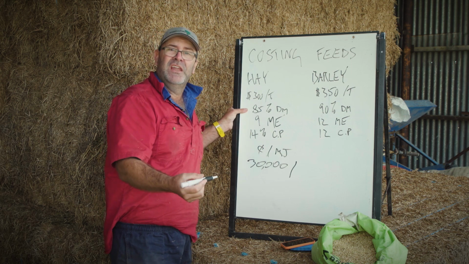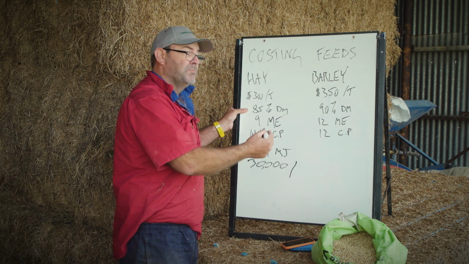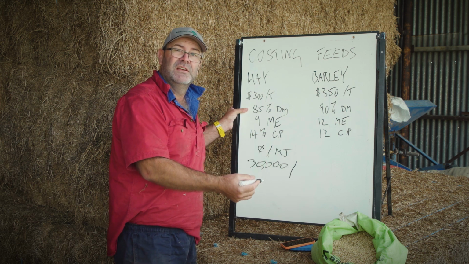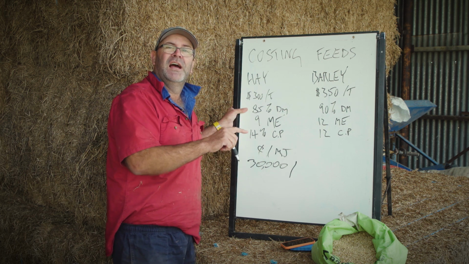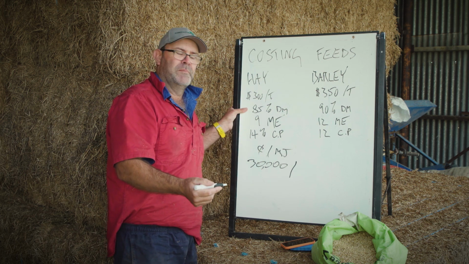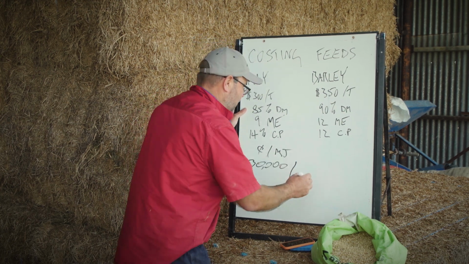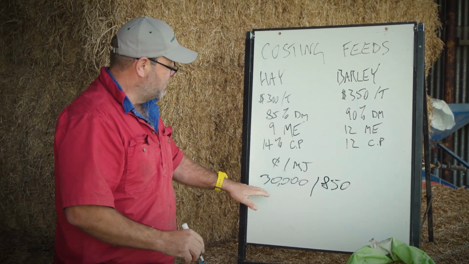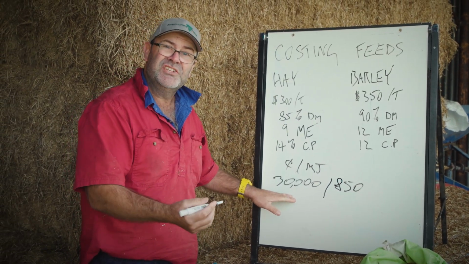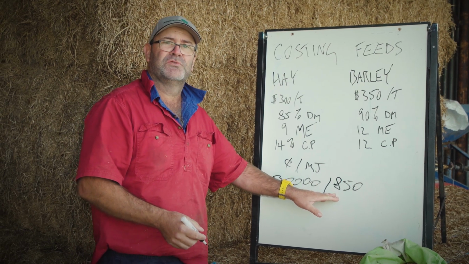So our 1,000 kilos of fresh weight that we've bought, multiplied by our 85% dry matter, means we're only getting 850 kilos of dry matter for the tonne we've bought. We've spent our 30,000 cents, $300, and bought 850 kilos of dry matter.